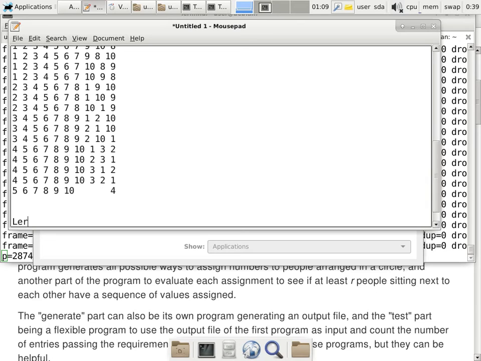So maybe a notation will be helpful. I think I used f already, so we'll use g.